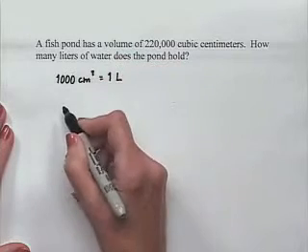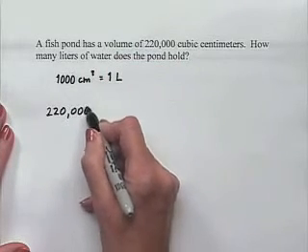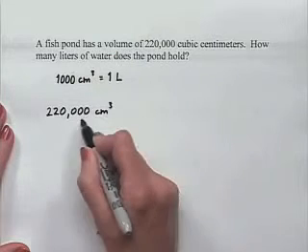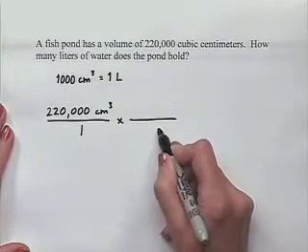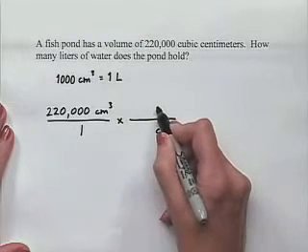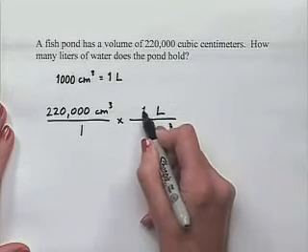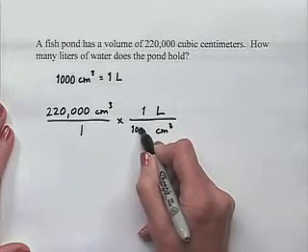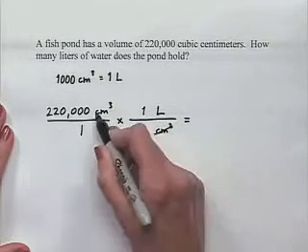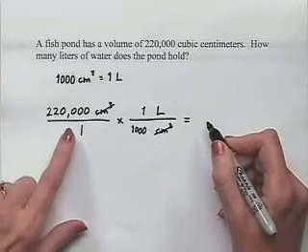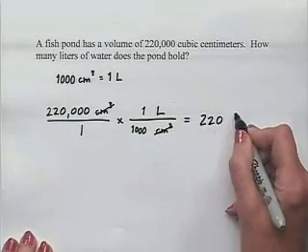And so we're going to take our given amount of 220,000 cubic centimeters, put it over 1, multiply times a conversion where we're going to have cubic centimeters in the denominator and liters in the numerator. We know that we have for 1 liter 1,000 cubic centimeters. And now we're going to eliminate the unit of cubic centimeters. We'll end up dividing by 1,000, and that gives us a value of 220 liters.